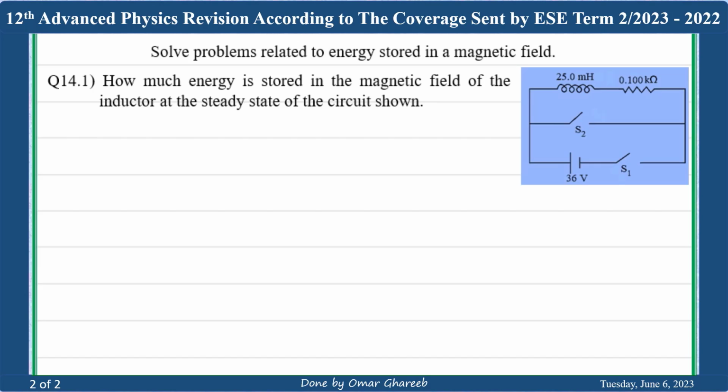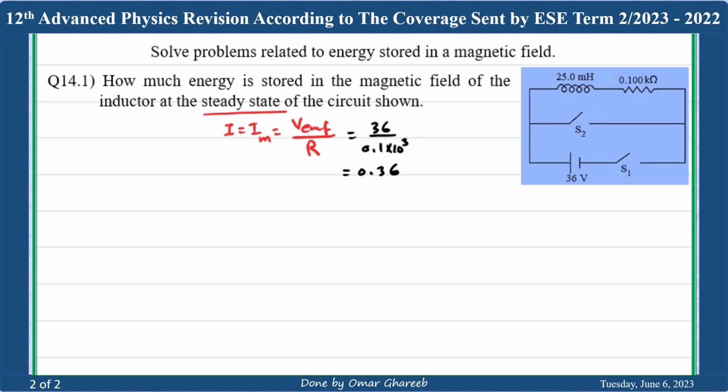As we mentioned before, the steady state means I equals I maximum, which is the voltage of the battery over the resistors in the circuit. It is 36 and the resistor is 0.1 kilo ohm times 3, so it is 0.36.